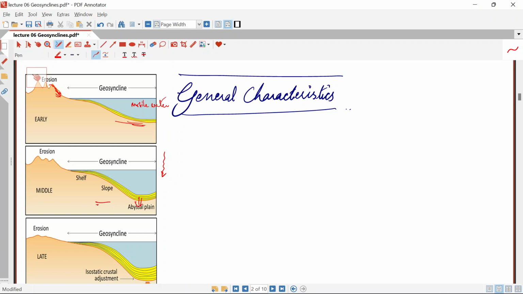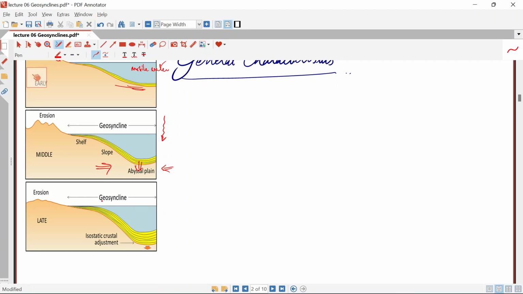There are also other forces acting here which, in future, make a fold mountain. So the geosyncline actually is these submerged sediments, which are underwater.